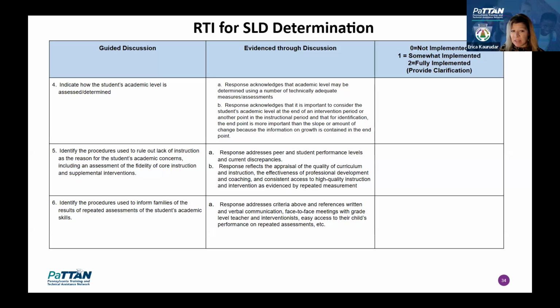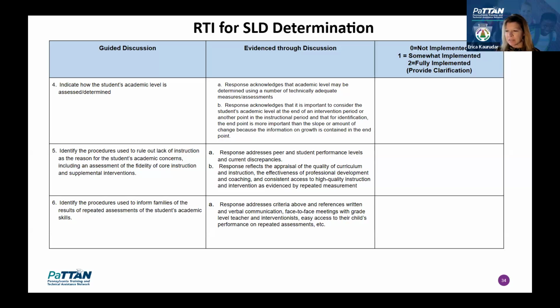As we move to the fifth area, we want to think about those procedures used to rule out lack of instruction as the reason for the student's academic concerns. Part of this rule out includes assessment of the fidelity of core instruction and supplemental interventions. So as an LEA team, we want to consider how the student's performance level relates to that of their peers and any current discrepancy between the student and peer performance.